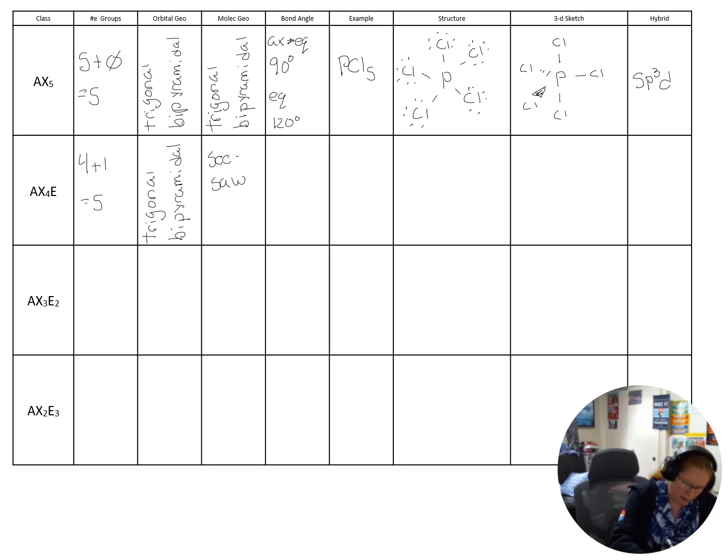Okay, so our axial to equatorial becomes less than 90 degrees. And it doesn't really affect the equatorial as well, or as much. So I'm going to keep that at 120.